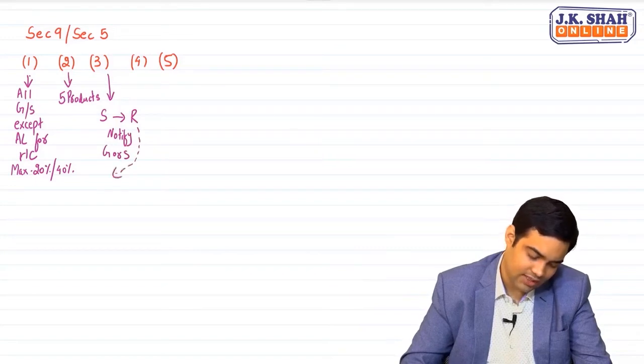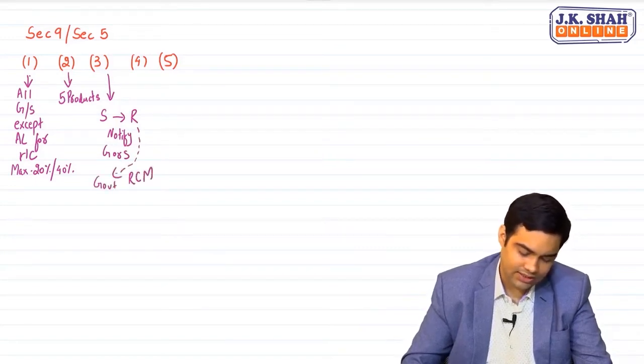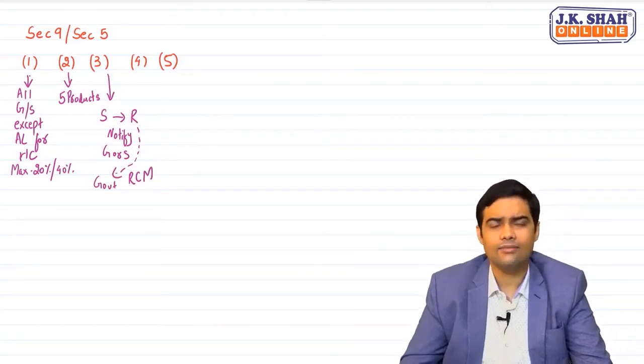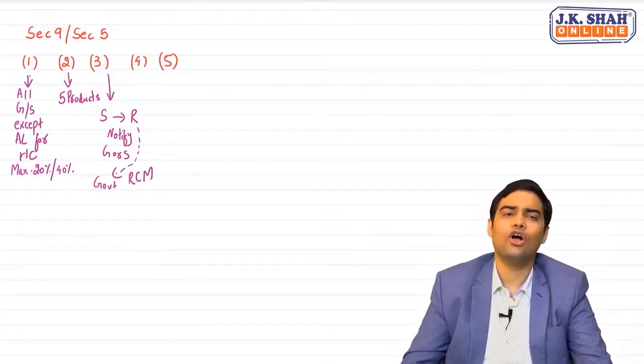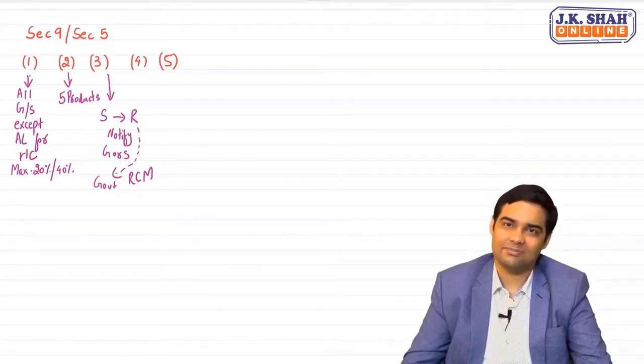Goods or services where recipient has to pay the tax. It's nothing but reverse charge mechanism. In an RCM video, we will see all the goods or services which are there in 9.3. But for your syllabus, you have only services which are notified under reverse charge mechanism.